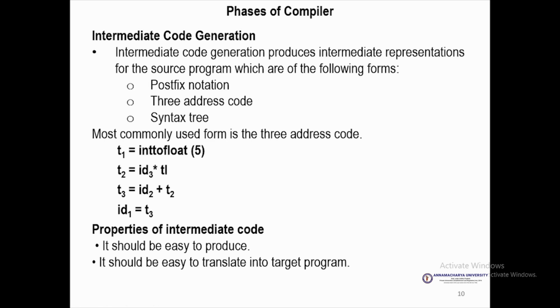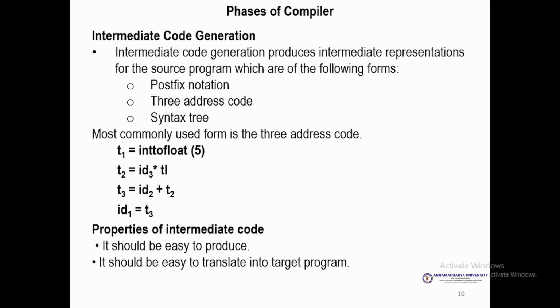And whatever result you get is stored in an identifier. So this statement, C equal to A plus B into 5, is converted into all these three address codes. The three address code looks like this.